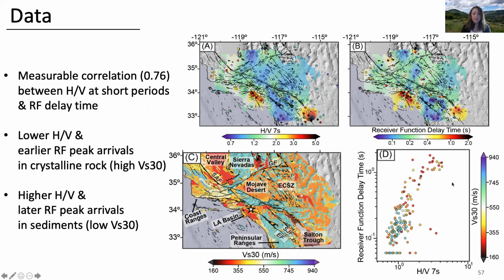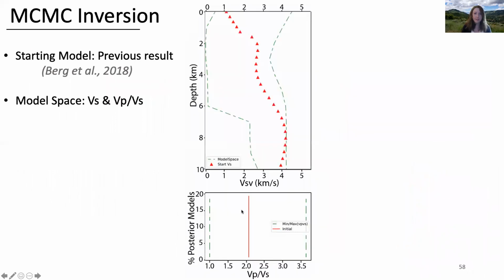Next, we performed our inversion, and we will start with an example at the Star Station at the edge of the Los Angeles Basin. We used our previous result as our starting model, so we didn't have to search too far. Our model space now consists of both shear velocity and VP over VS ratio for this top linear layer.